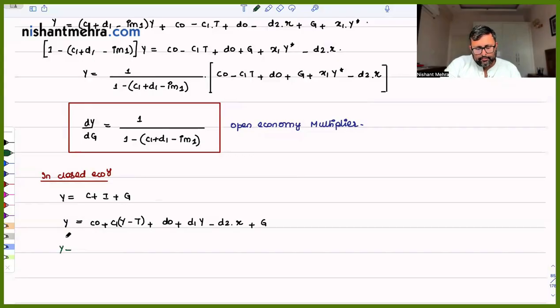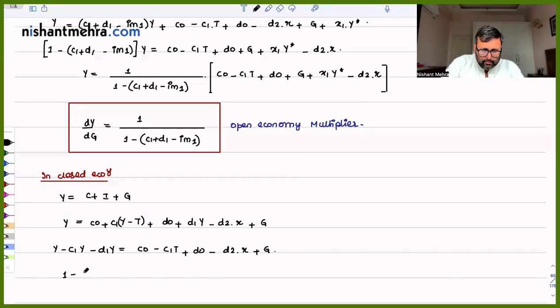So Y minus C1y minus D1y is equal to C0 minus C1t plus D0 minus D2R plus G, so (1 minus C1 minus D1) y equals C0 minus C1t and so on.